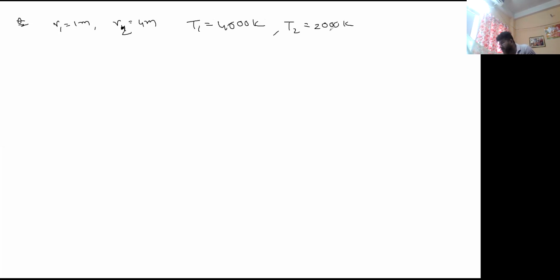Find the ratio of radiant energy per second by the first sphere to that of the second sphere.